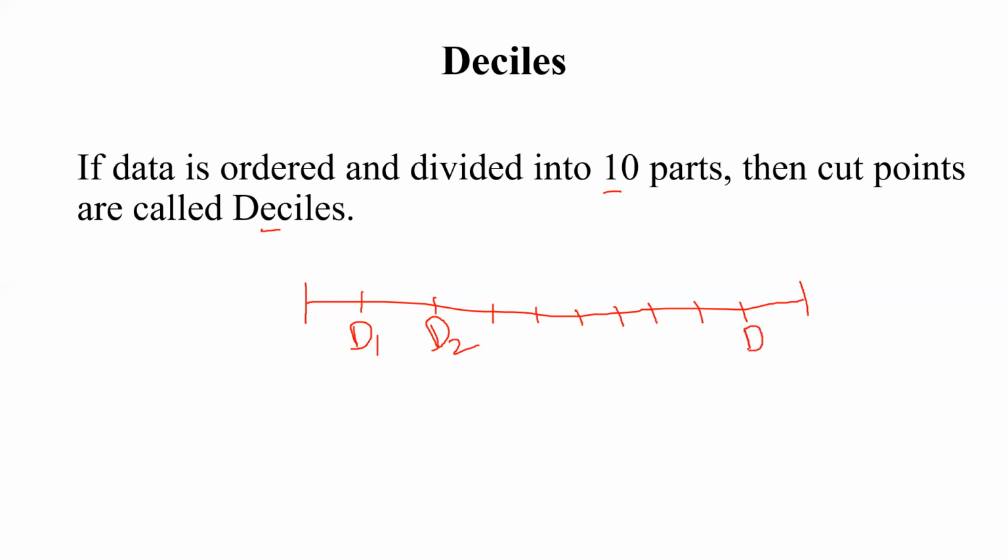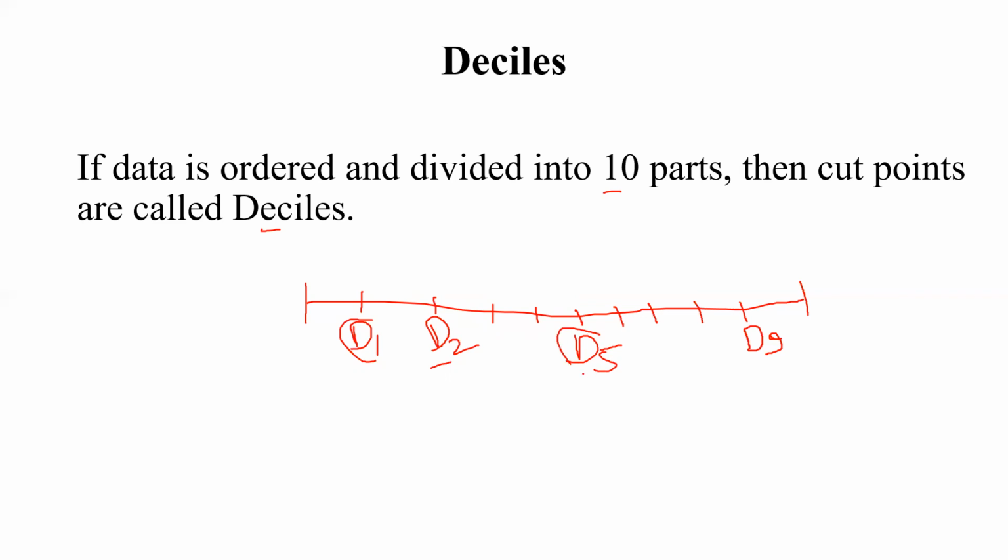If the whole data set is divided into 10 equal parts, there would be 9 cut points. So this is the meaning of deciles: the whole data set is divided into equal parts.